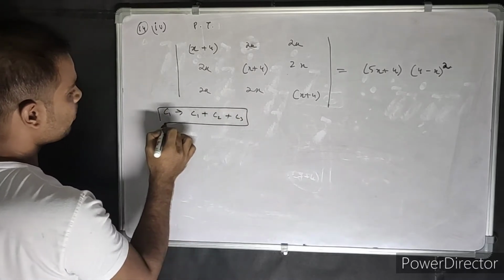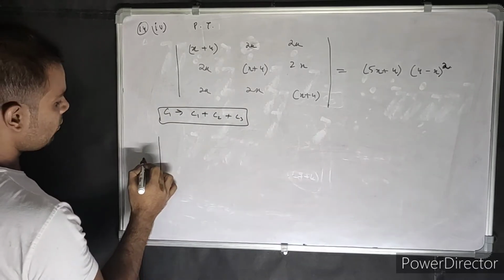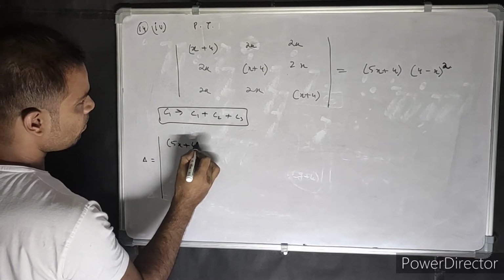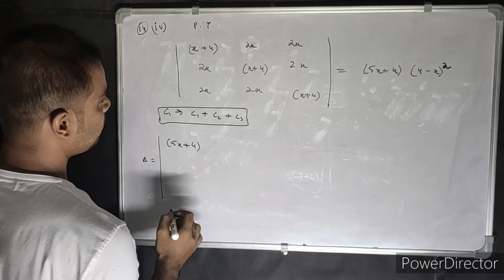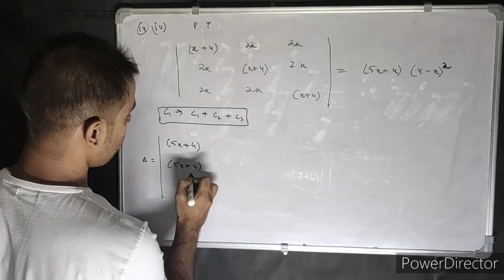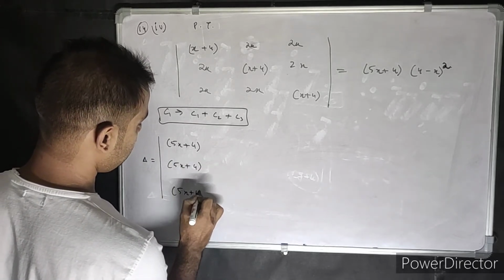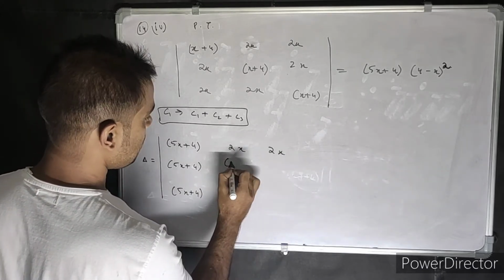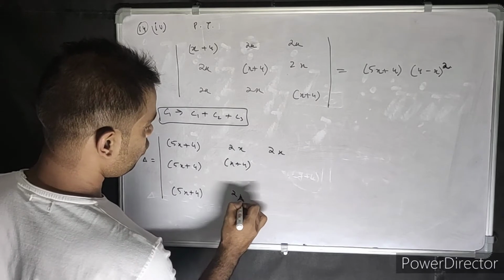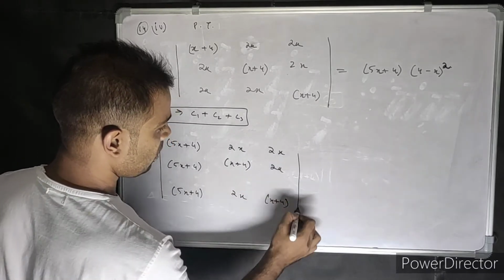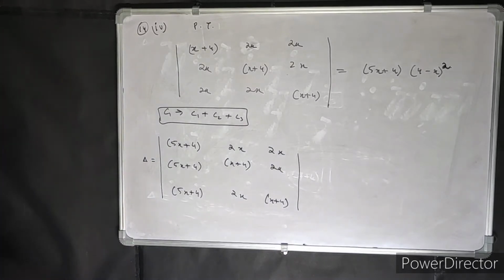So now I'm getting over here 5x plus 4, here also 5x plus 4, and here also 5x plus 4. Rest is all copied: 2x, 2x, x plus 4, 2x, 2x here, and x plus 4 here. Okay, that's the next step.